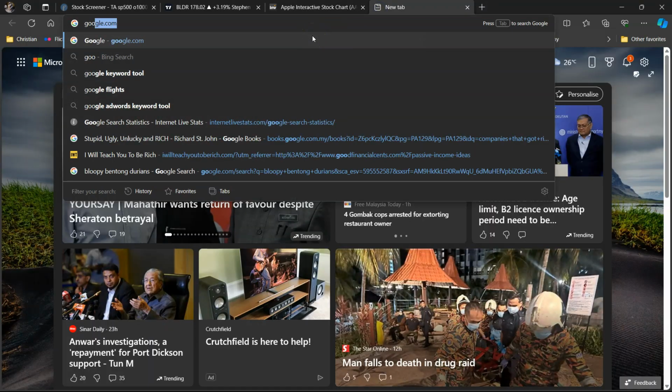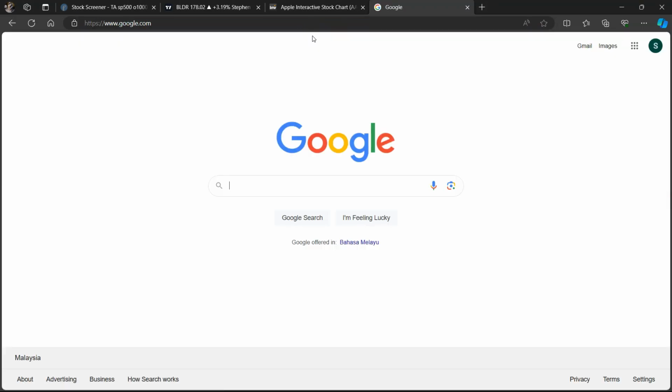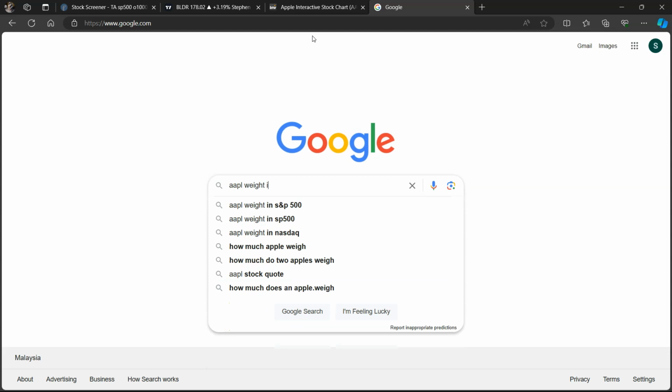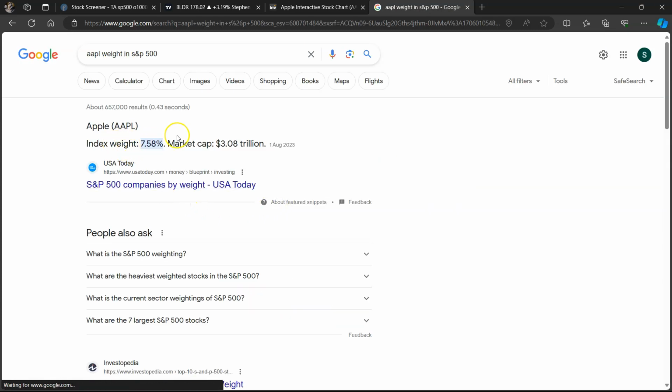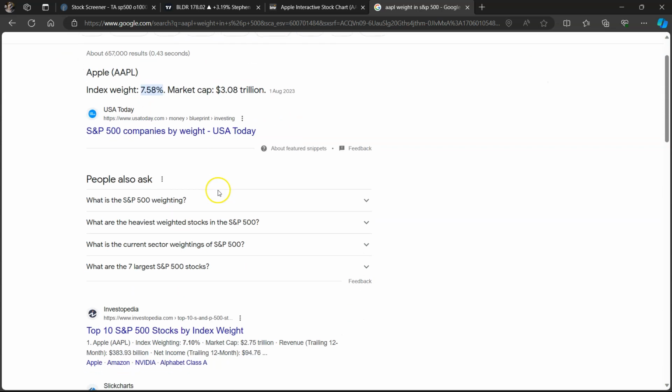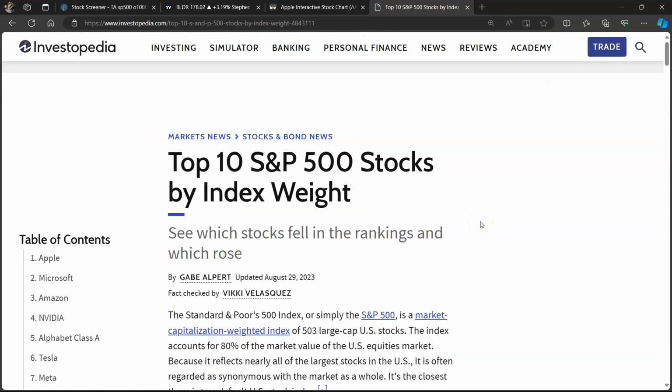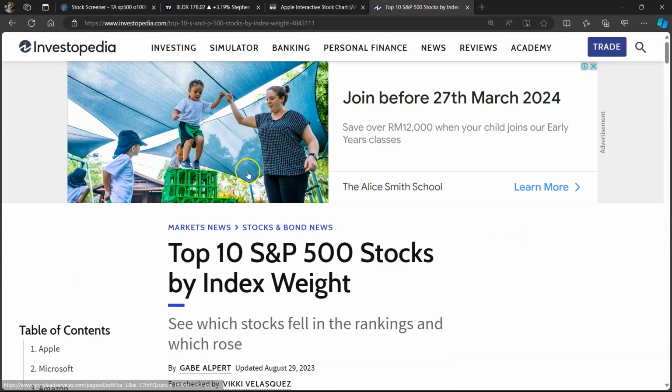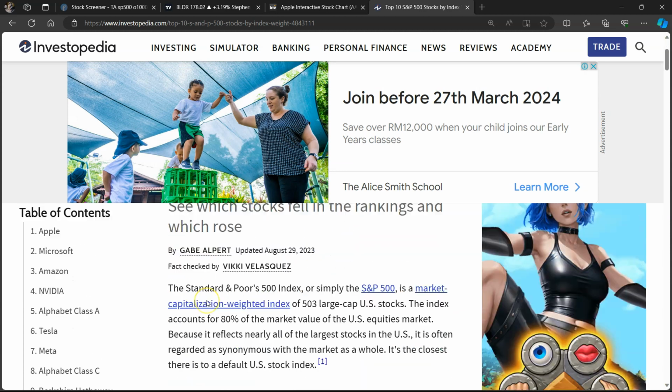Okay, I just want to show you the percentage, the weight of Apple in the S&P 500. So the index weight is 7.58%. If you go to Investopedia, it shows you the top S&P 500 stocks by weight.